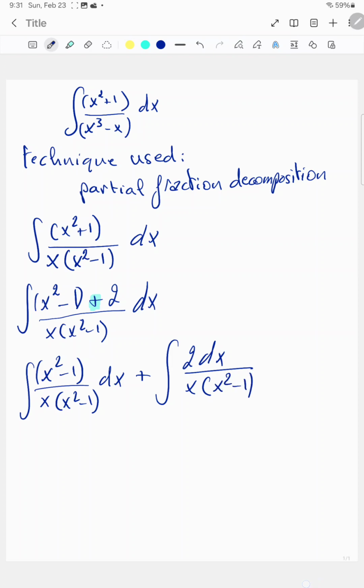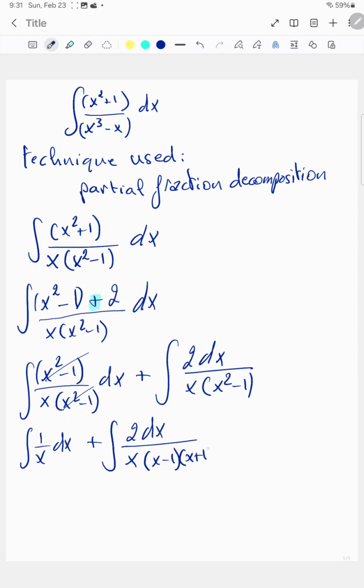Now if I look at my first integral, (x^2 - 1) divided by (x^2 - 1), I can simplify it. I will have the integral of 1 divided by x dx plus the integral of 2 dx divided by x, and instead of x^2 - 1 I can use a^2 - b^2, which is equal to (x - 1) times (x + 1).